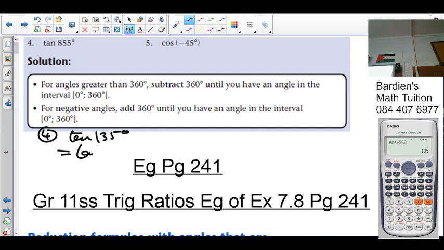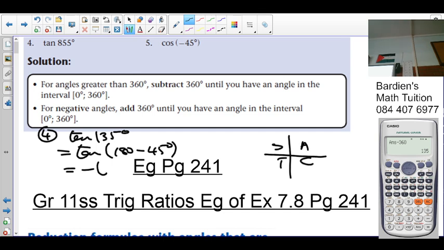How do you get the second quadrant? 180 minus 45. Is tan positive or negative in the second quadrant? It's negative. So it's negative tan 45. Hang on. 45 is a special angle: 1, 1, root 2. Tan is negative 1 over 1, which is negative 1.